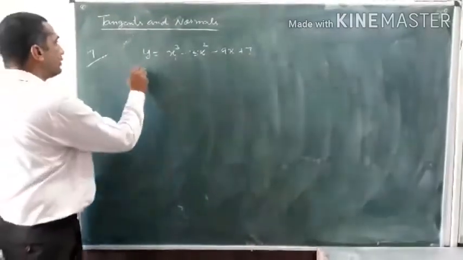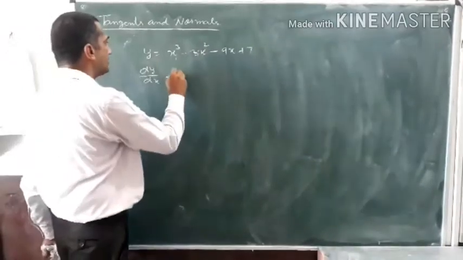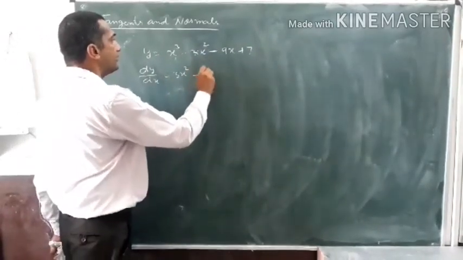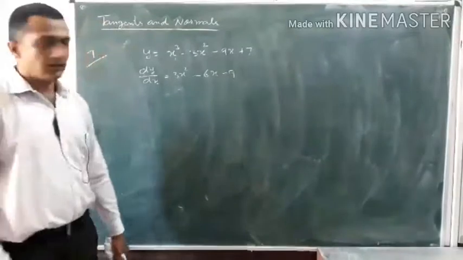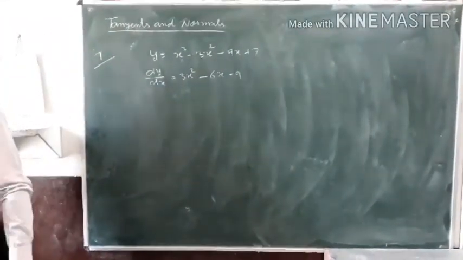So dy over dx, same steps. dy over dx is 3x square minus 6x minus 9. The second point is that it is parallel to the x-axis.